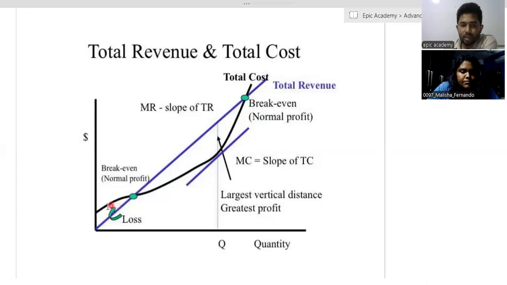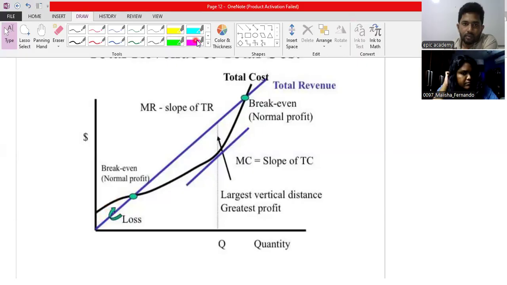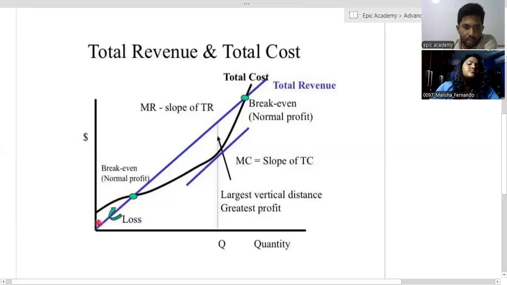So at that moment, you are getting losses. That means you are getting subnormal profit, isn't it? Yes.